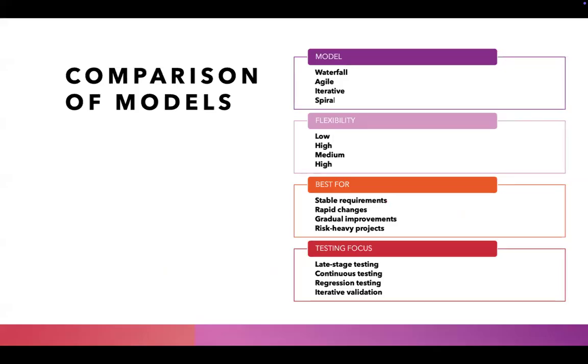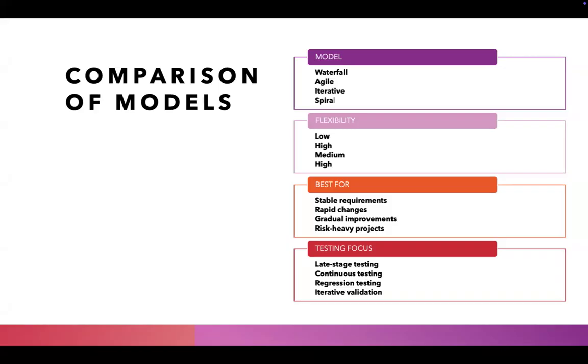Comparison of models. When comparing all the models, we can see that each one has its strengths and weaknesses. Waterfall and V models are good when the project requirements are fixed, but they are not flexible for change. Agile and iterative models are better for projects that need to be flexible and allow feedback at each stage.